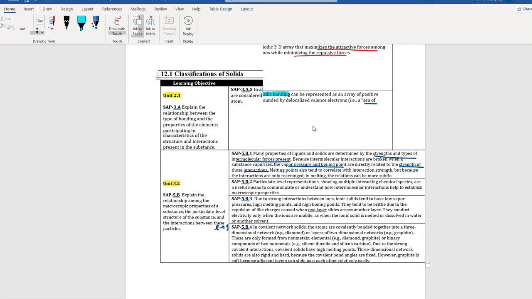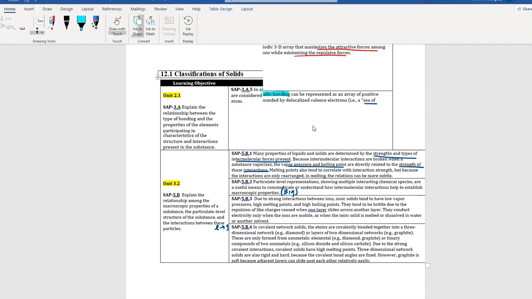Particle level representations, which means drawings showing multiple interacting chemical species, are a useful means to communicate and understand how intermolecular interactions help to establish these macroscopic properties. So macroscopic, we're talking about big level properties, on the big scale, okay?